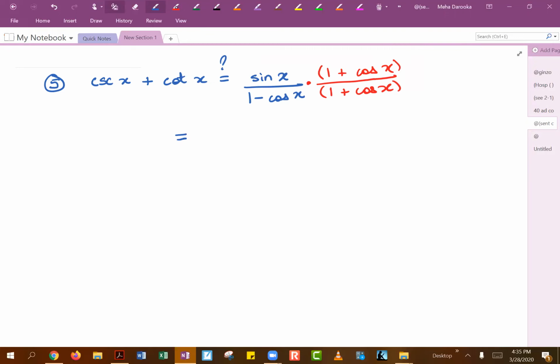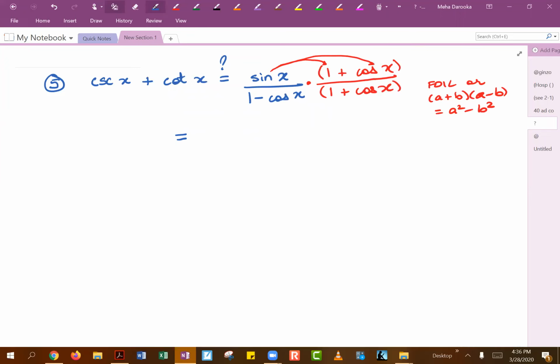So remember, you will need to distribute this sine of x inside the parentheses, and then you can either FOIL or use the idea of a plus b multiplied with a minus b is going to be a squared minus b squared.